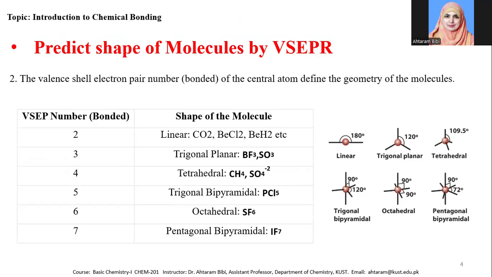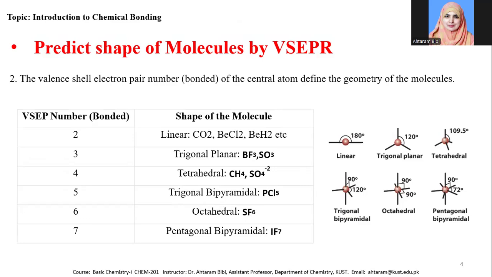If there are five bonded pairs, then the structure will be trigonal bipyramidal, and the example is phosphorus pentachloride. If there are six, then the structure will be octahedral, and the example is sulfur hexafluoride. And if there are seven, then the structure will be pentagonal bipyramidal, for example, iodine heptafluoride.